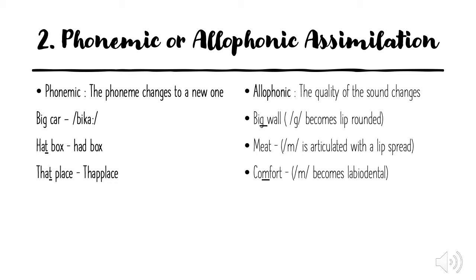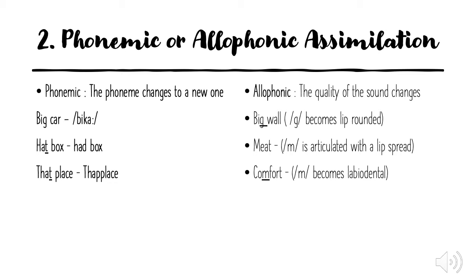So try to experience it yourself. Big wall, big wall. Look at the way your lips are positioned during the production of the G sound. It's definitely not the way your lips would be positioned when you say G by itself, where you would have a move towards the stretched position. The lips would be more stretched in G by itself, but in the vicinity of the W sound, in a phrase like "big wall," we notice that G becomes lip rounded.